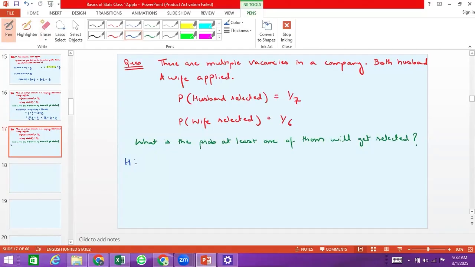Let's say this bar represents not. Husband gets selected, wife does not get selected. Husband does not get selected, wife gets selected. Husband and wife both get selected. Husband does not get selected, wife also does not get selected.